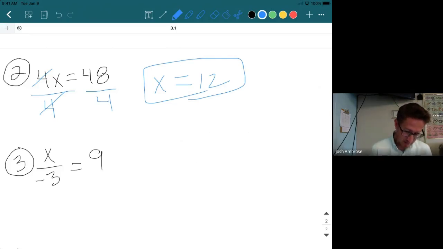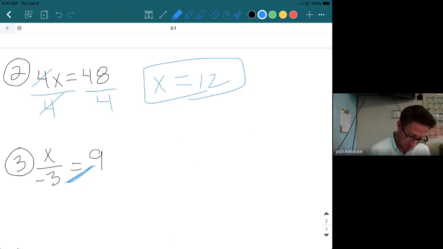All right. Next one. Here's where I want to make sure you get this part. You see how you have a negative 3 on the bottom? They're saying division. X divided by negative 3. Again, x over negative 3 means x divided by negative 3. So what's the opposite of division? Multiplication. You will be multiplying these two guys right here.